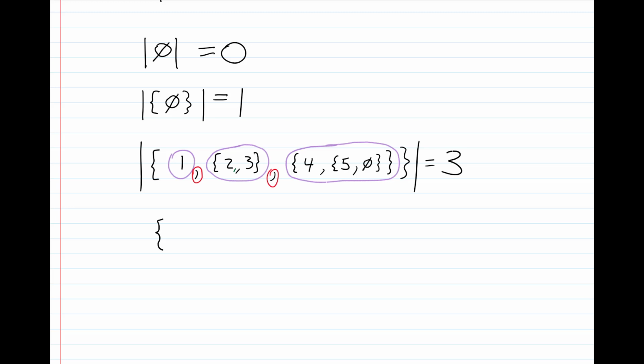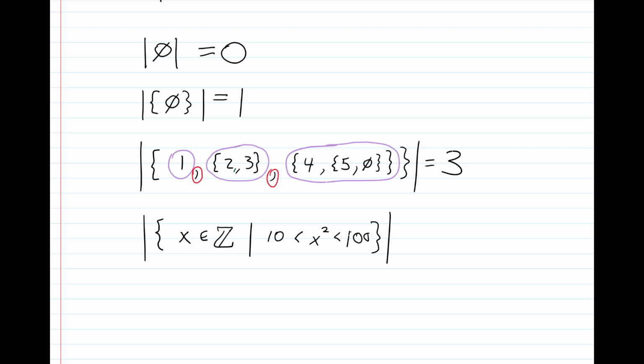The set of all x in the integers such that x squared is between 10 and 100. And the question I want to ask is, what's the cardinality of that set?